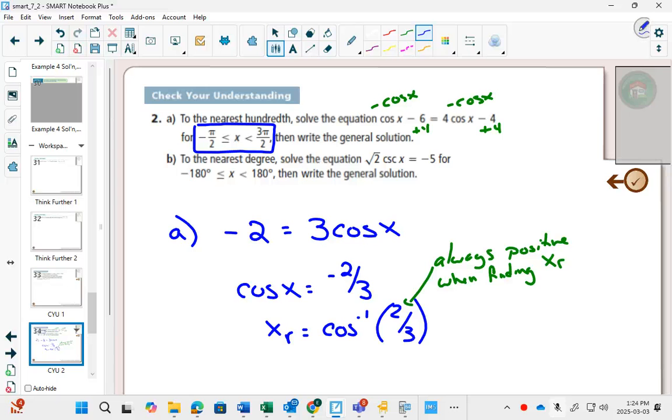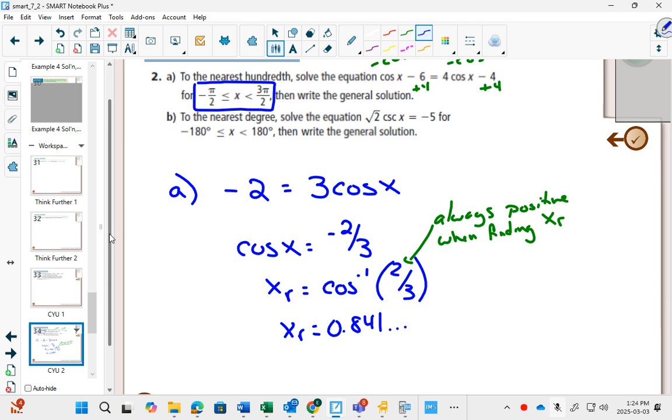So we figured it out to be 0.841. I sometimes put 3 dots there to say I didn't round early. I'm keeping all of my decimal places. And then, according to my CAST rule, if cos is negative, I would be looking in quadrants 2 and 3.